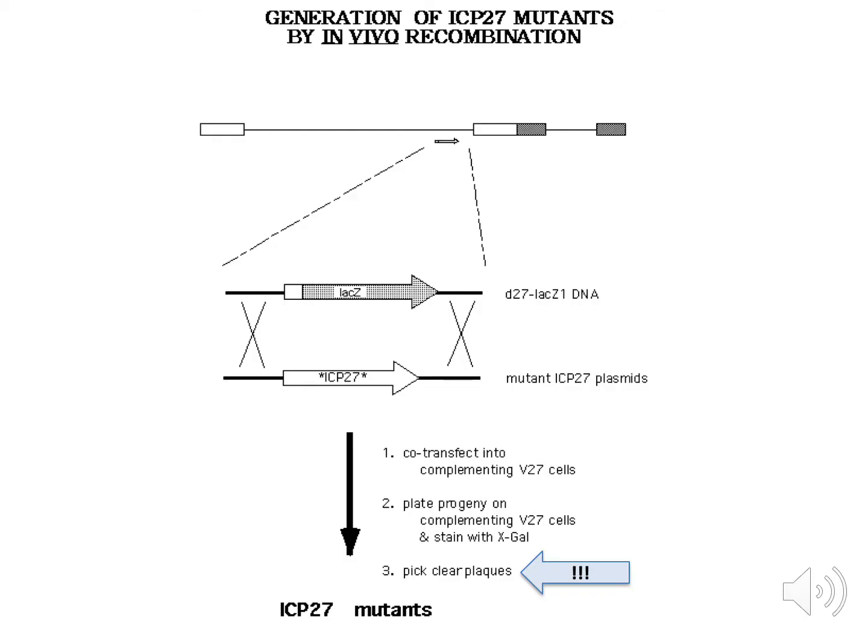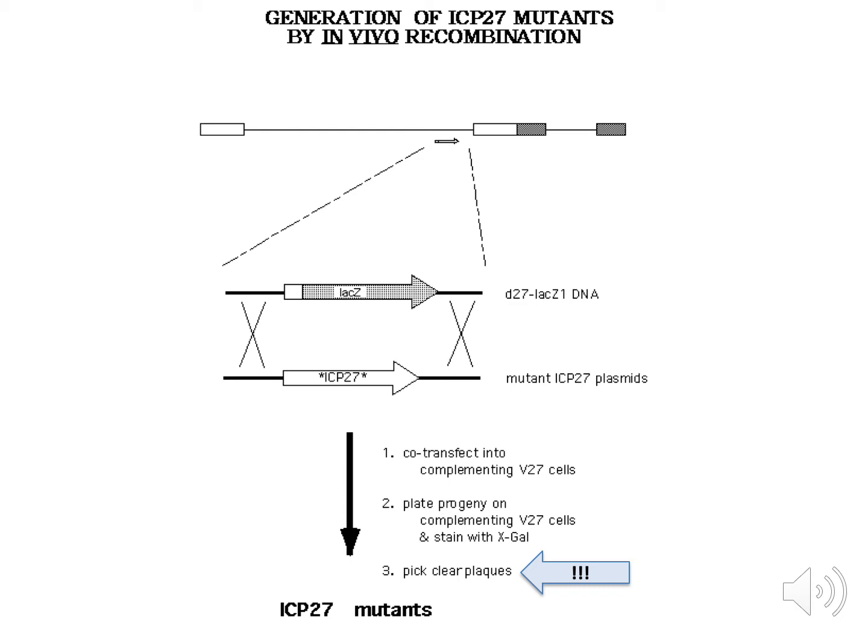Using the LAC-Z virus, the D27 virus that has LAC-Z in place of the ICP27 gene, the same thing can be done in reverse, using a mutant ICP27 plasmid with homology to the locus, and then basically forcing the recombination of the plasmid sequence into the viral genome.